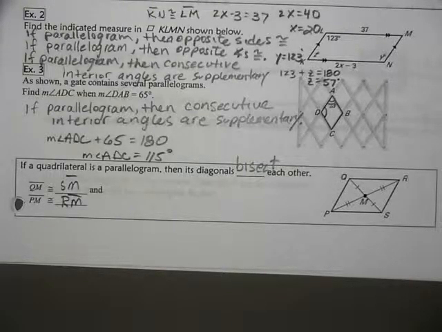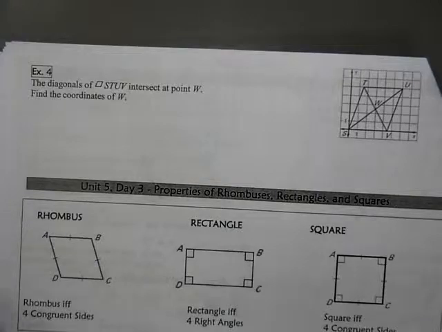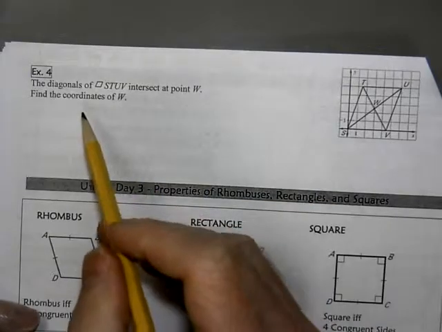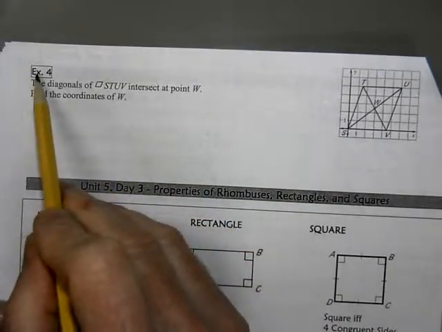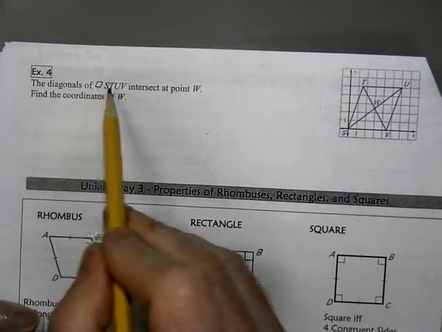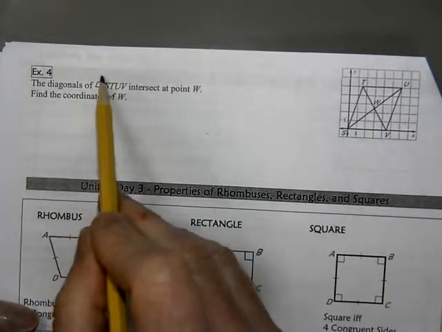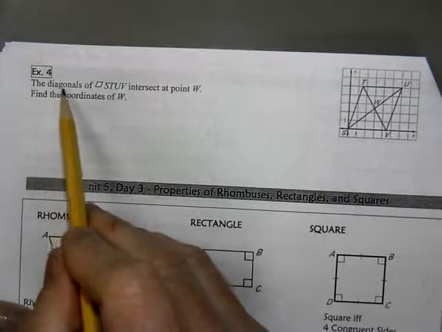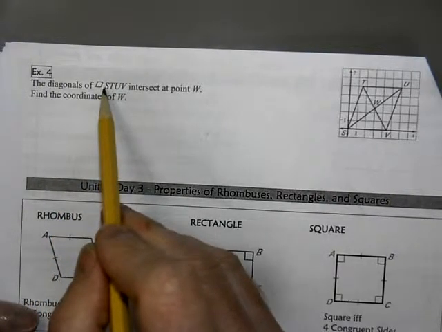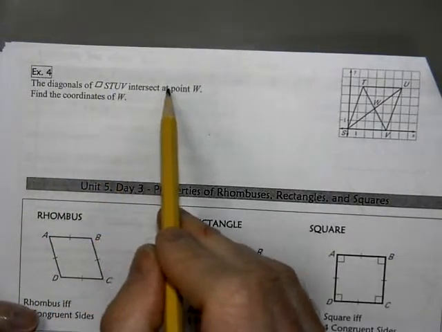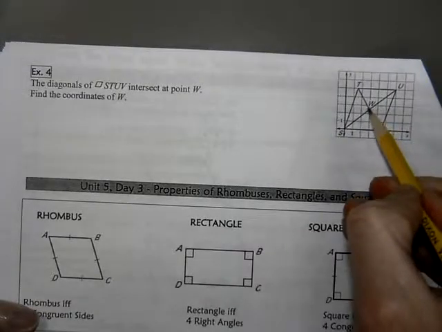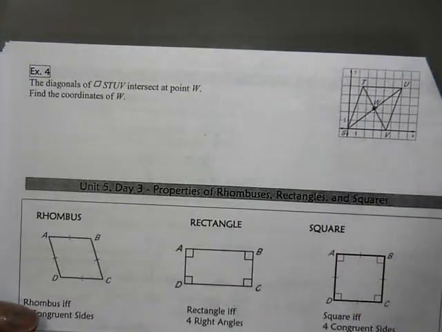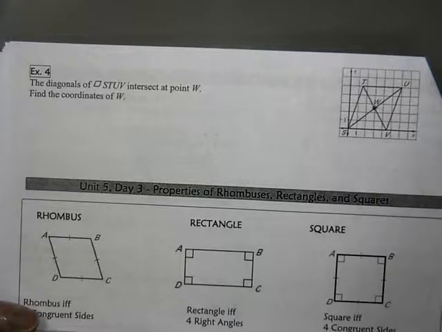So for our last question on the next page, we have example number 4. We're looking at a parallelogram. That's what this symbol represents. The diagonals of parallelogram STUV intersect at point W. Where is this point W? What are the coordinates? Well, we could count, and that would definitely be one way to do it.